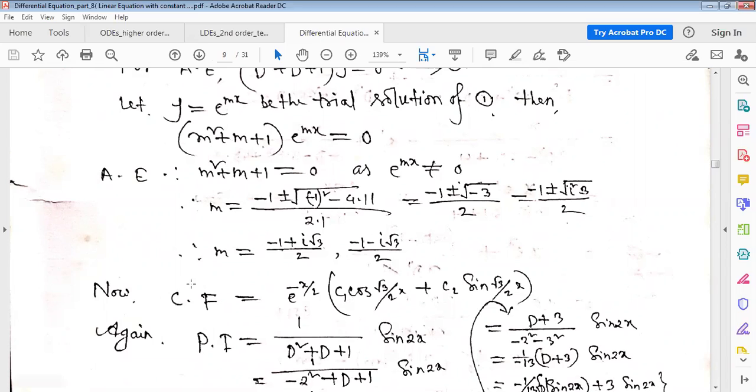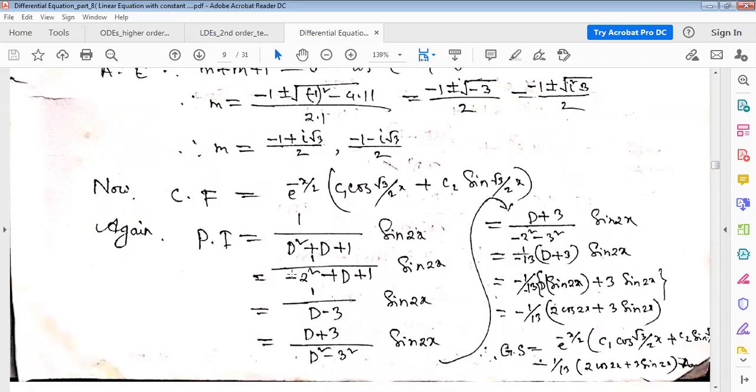So the complementary function can be written as e to the power minus x by 2 into c1 cos root 3x by 2 plus c2 sine root 3x by 2. Okay, for complex roots we have already known this from our first lecture. So the particular integral will be 1 divided by the left hand side of sine twice x.